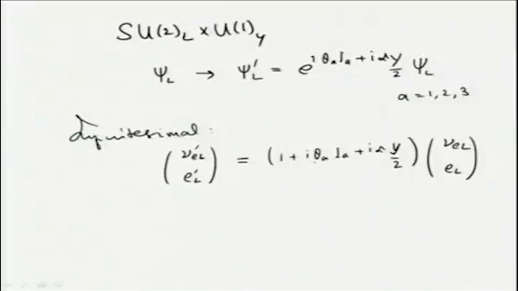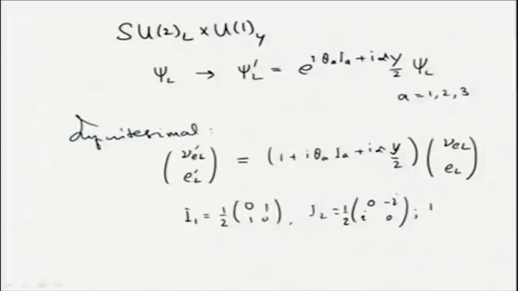In particular, I^A can be written as: I^1 = σ^1/2 = 1/2 (0 1; 1 0), I^2 = the second Pauli matrix σ^2/2, and I^3 = 1/2 (1 0; 0 -1).